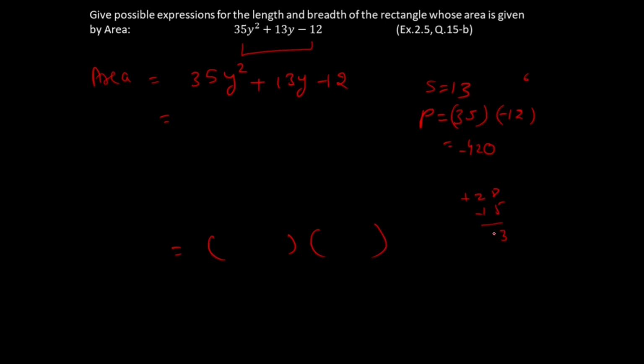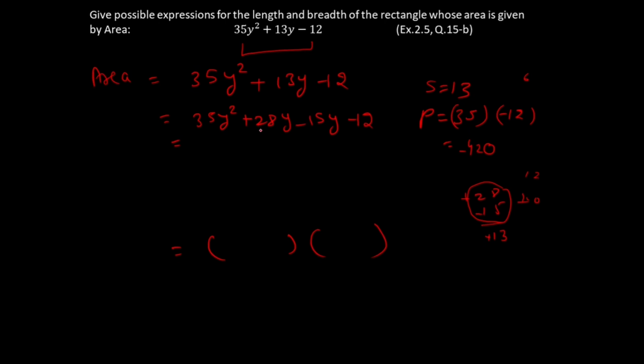The product of these two will be 15 times 28, which is 420. Correct. So the two numbers are positive 28 and minus 15. This is 35y square plus 28y minus 15y minus 12.